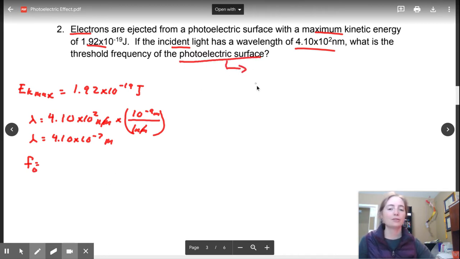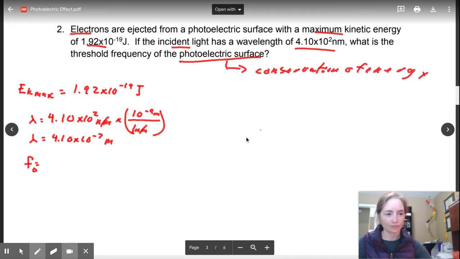So, ladies and gentlemen, the second we're dealing with a photoelectric surface, the best place for us to start is our conservation of energy. All right. So our equation for the conservation of energy in this case is that our incident light energy is going to equal our energy out.